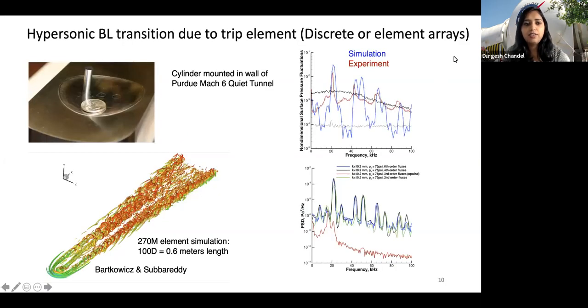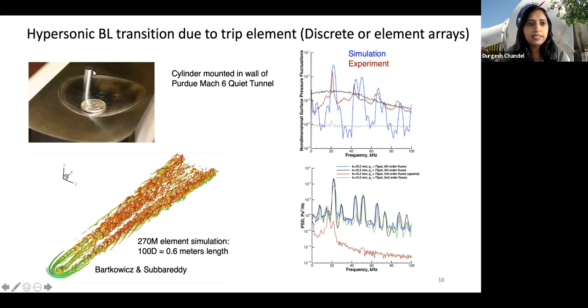Now I will show one slide for some of the example problems performed by my colleagues. This is just a snapshot of hypersonic boundary layer transition studies performed by my colleagues. This transition study is only for a single element.